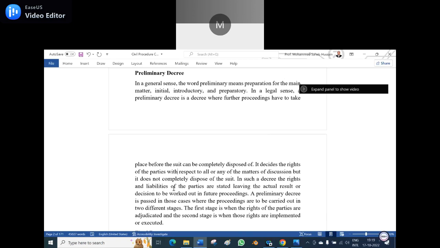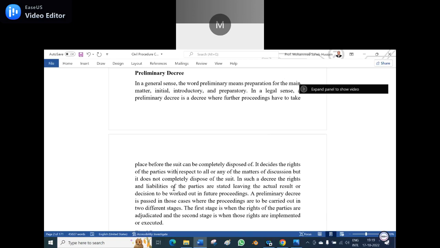So it will make a presumption in one way or another about the right of the parties in the subject matter. Of course, later on it will be proved whether the right is there or not. If it is not there, then the claim will be dismissed.